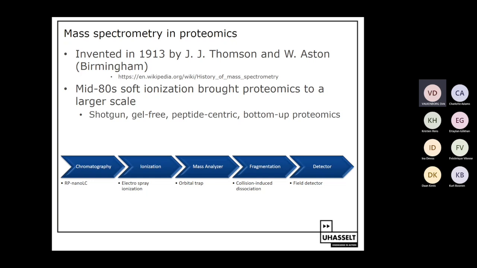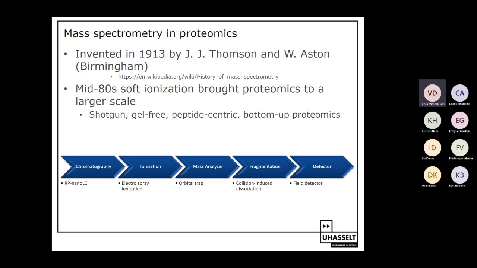So it becomes a common technology. But we didn't have that hope for proteomics because it was way too complicated. Only in the mid-80s, there was a new invention of soft ionization that suddenly allowed us to use mass spectrometry to study proteins. So only in the mid-80s, mass spectrometry entered the field of biology.